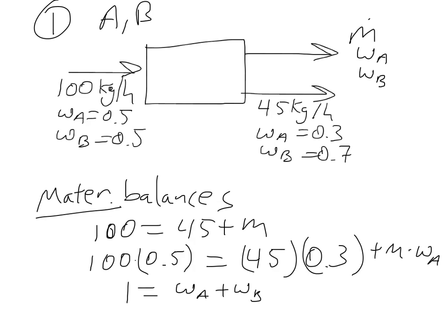Those are the 3 equations that we're going to use to solve for our 3 unknowns. And this is what we typically have been doing a lot of times in class. So that's our first method.